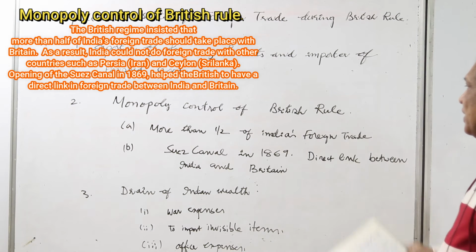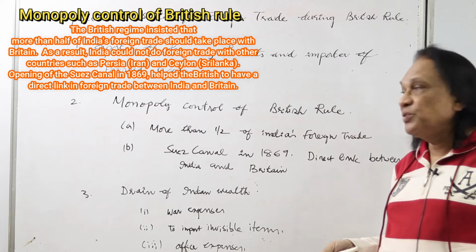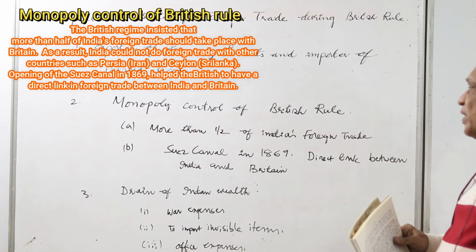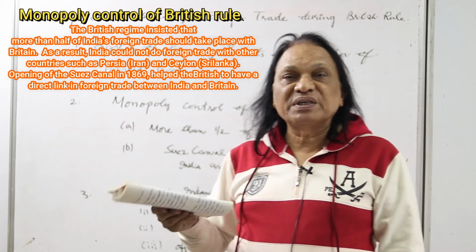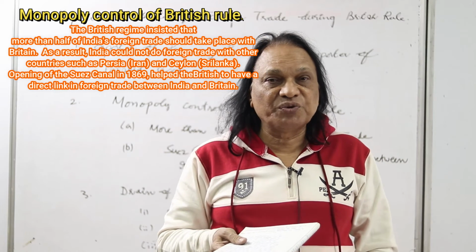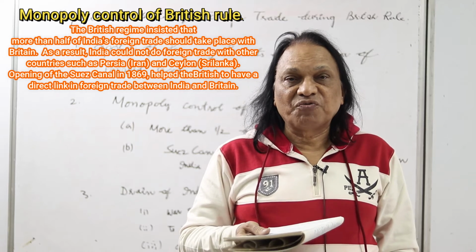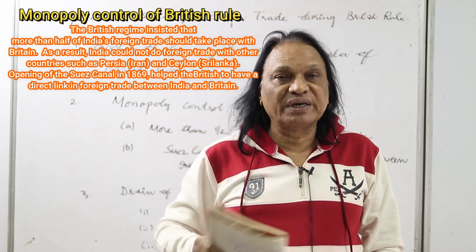More than half of India's foreign trade used to be with England or Britain. And then the second point under monopoly control, in 1869 they opened the Suez Canal, which gave a direct link from the United Kingdom, Britain, to India.